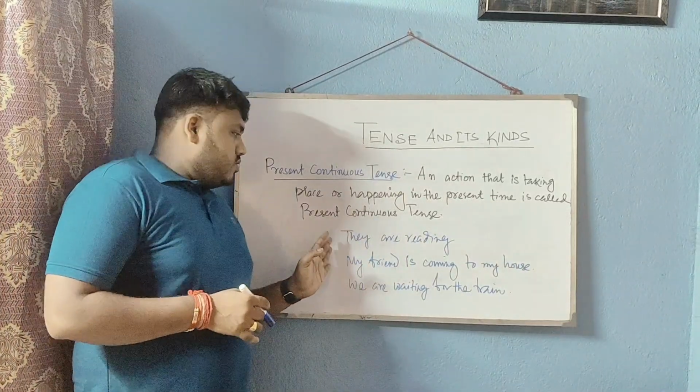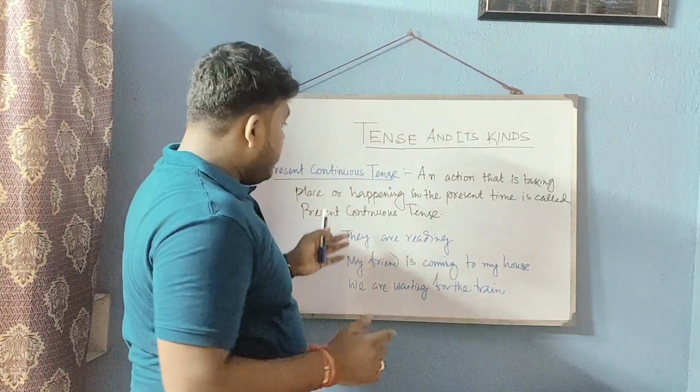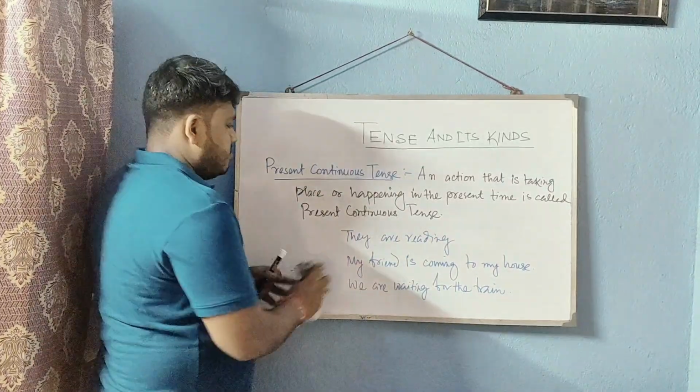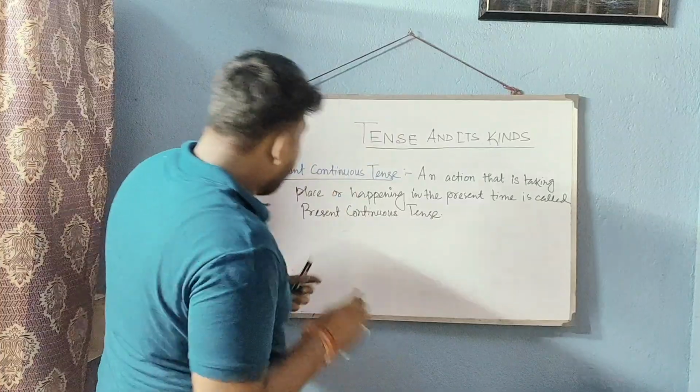Now we will know the formation or the structure of present continuous tense, how it is formed. You can say rule as well.